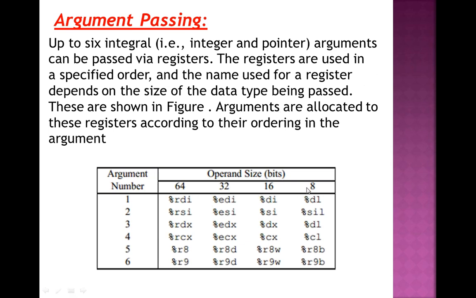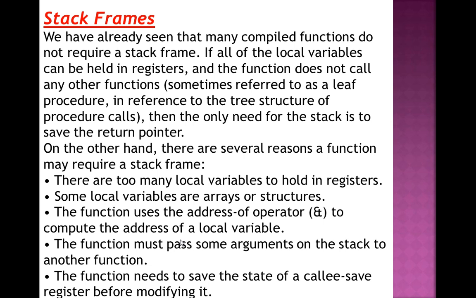This is for 8 bits, this is for 16 bits, this is for 32 bits, and this is for 64 bits. These are the multiple registers for 8 bits, these are the registers for 16 bits, and these are the registers for 32 bits and 64 bits. This is how we can allocate and give the arguments to the different registers.